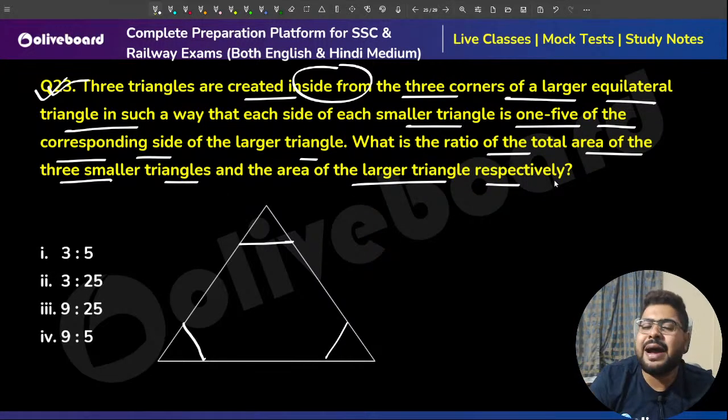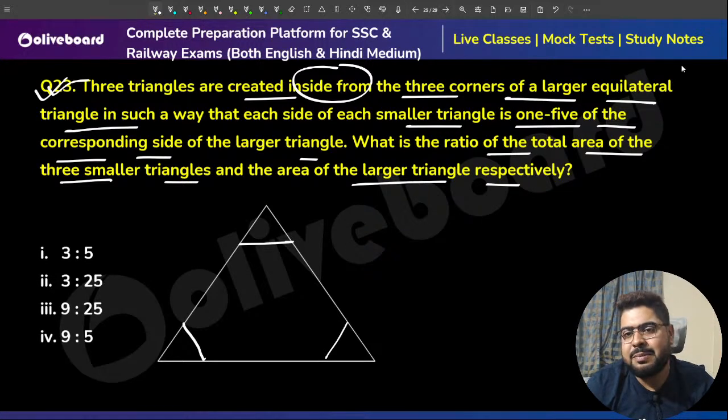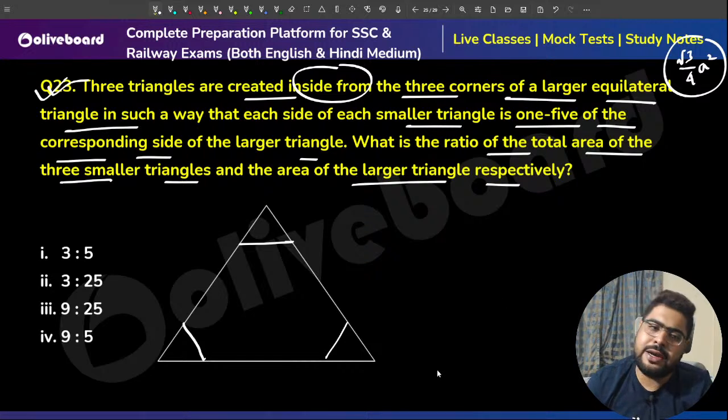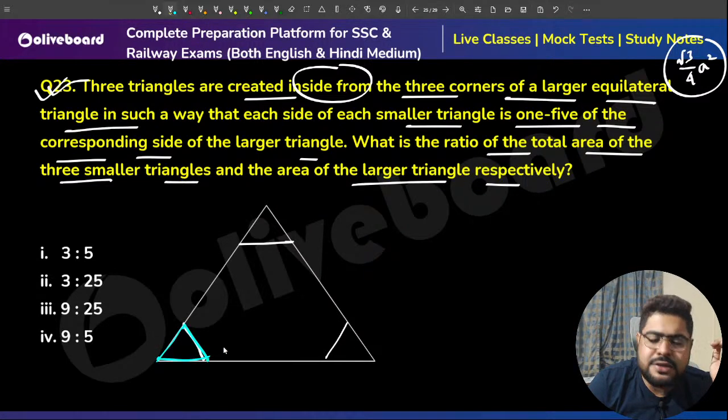It does not matter. It is 1/5, and always remember the area formula √3 by 4 a square, whether it is the bigger equilateral triangle or the smaller one. Because we are making the triangle from the corners, it will also be an equilateral triangle, since this side is equal to this side is equal to this side.